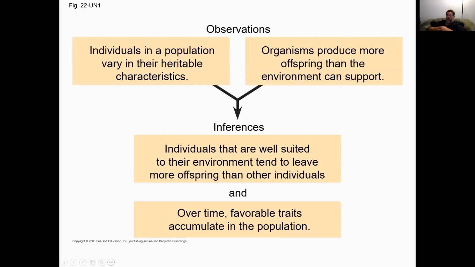And so, again, we infer that individuals that are well suited to the environment tend to leave more offspring than other individuals. Camouflaged insects that can hide out are better adapted to their environment, and leave more offspring than those that stand out and say, eat me, to the birds. And so over time, these favorable traits accumulate in the population.